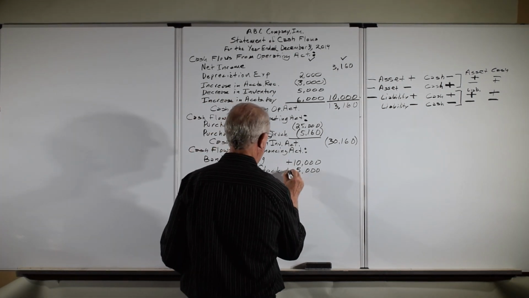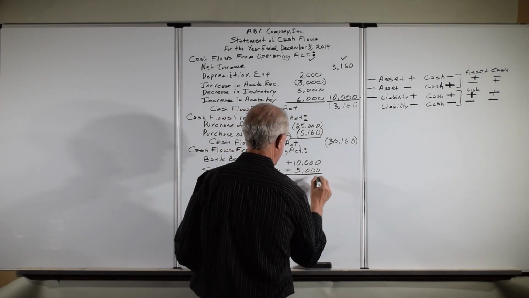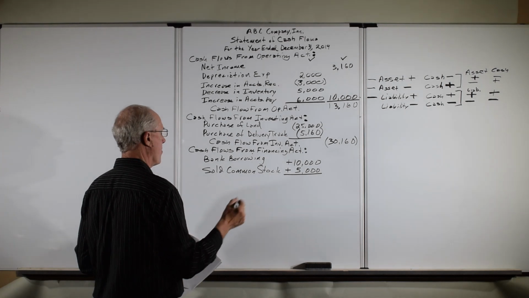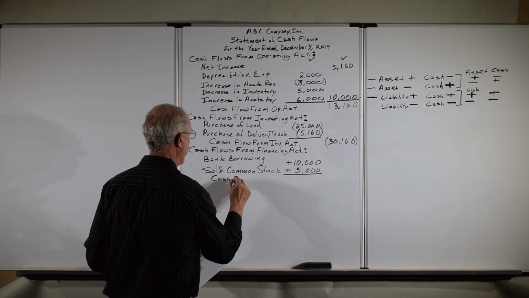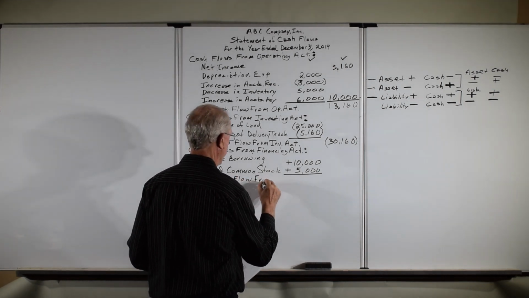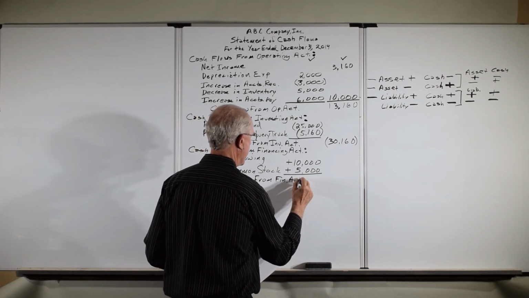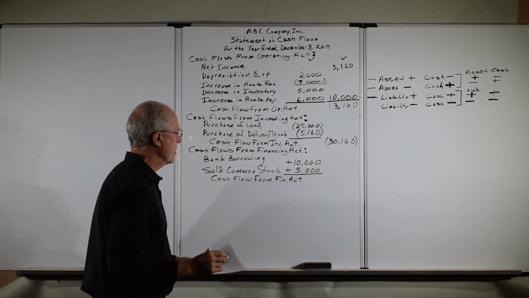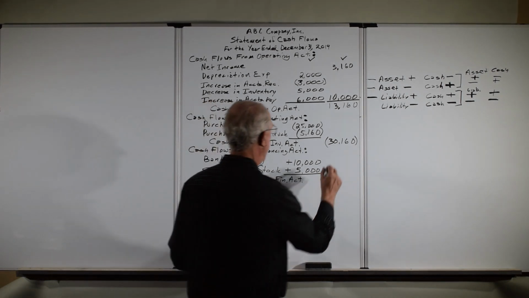So I'm going to indicate this is cash coming in. Let me draw a line to indicate we're going to add these up. We're going to combine them. And this will give us our cash flow from financing activities, FIN ACT, because of the space restrictions here. And so we've got a total of $15,000.